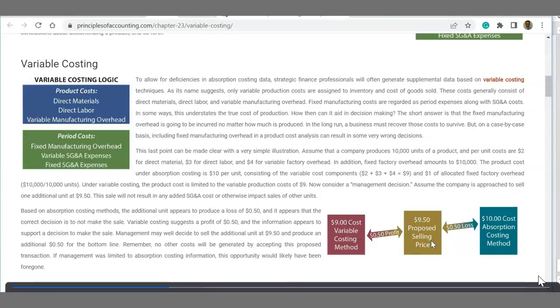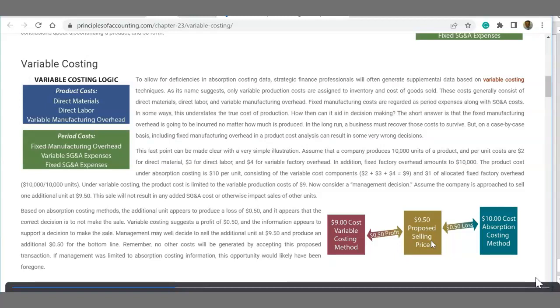And management might say, okay, normally we don't sell it for that price, but this is a one-time offer, a good opportunity to make a good amount of extra income at this moment. Why not? Let's take it. Since we are not working over our capacity, we are working within the capacity range of our production, we can do it without any extra cost from anywhere.